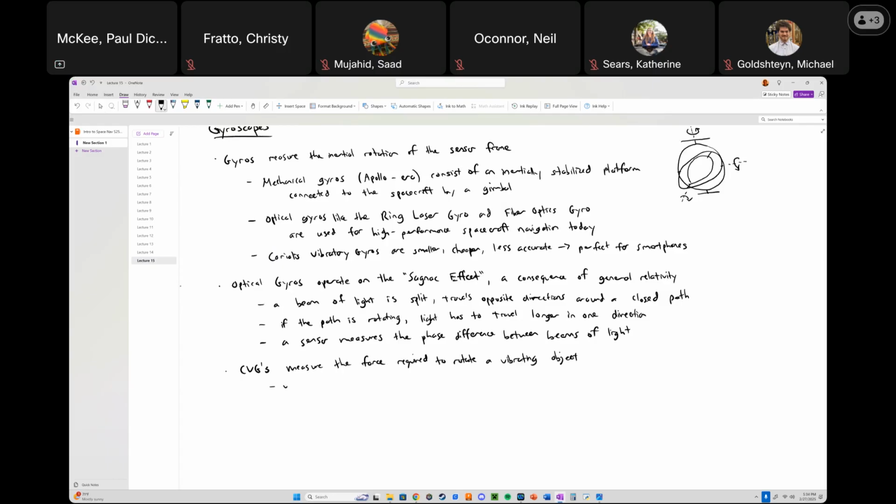So vibrating objects tend to want to vibrate in the same plane.